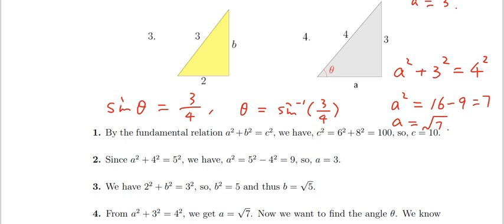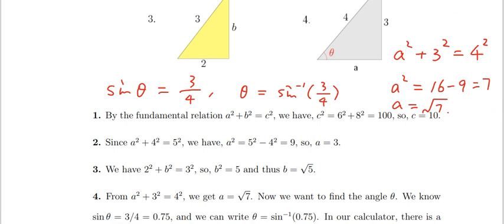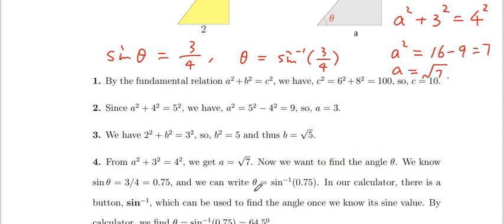So check our calculator. We have this sine minus 1 button, the inverse. 3/4 is just 0.75, so if you keep 3/4, it doesn't matter. Just use the sine minus 1 button, then put in these numbers, 3/4 or 0.75.